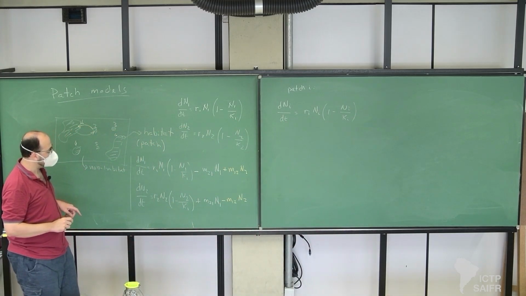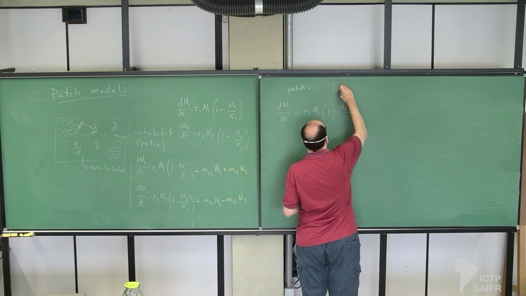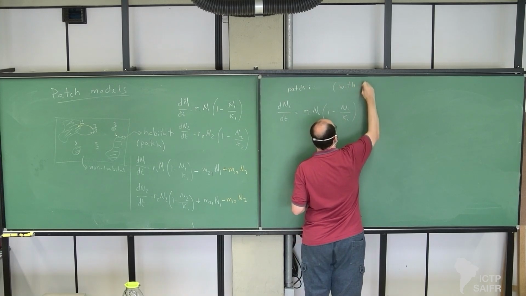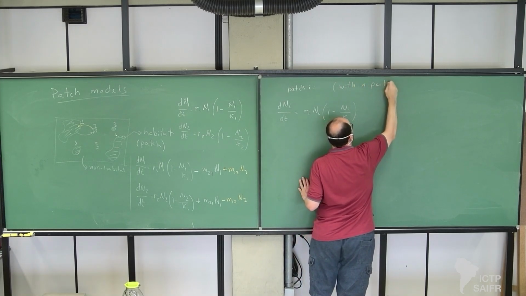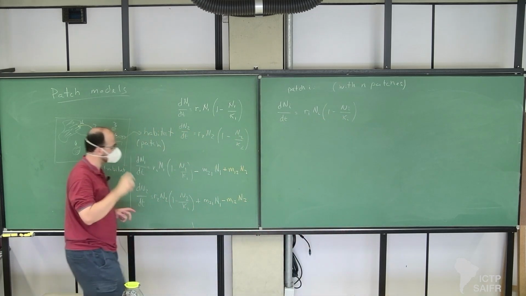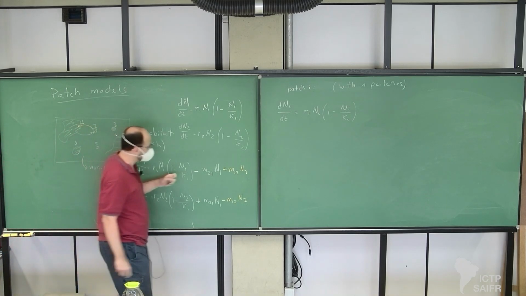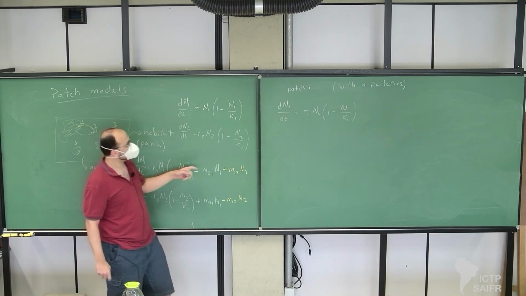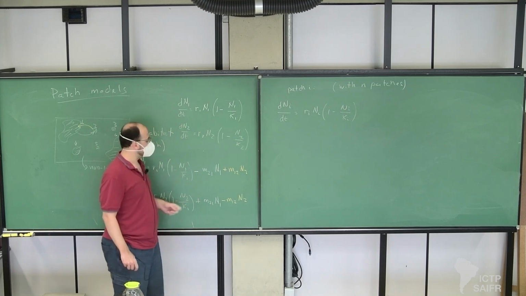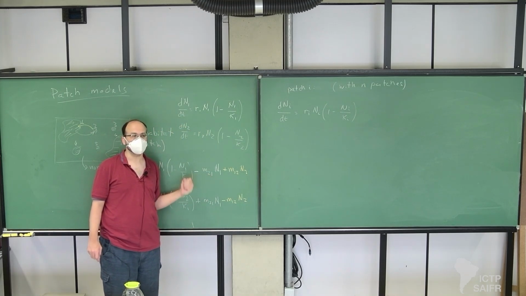And now, what is going to happen? If I have N patches, a system of N patches, here N equals 6, for instance, in this example, I'll have individuals from the i patch leaving for patch 1, leaving for patch 2, leaving for patch 3, leaving for all other patches except itself, of course.